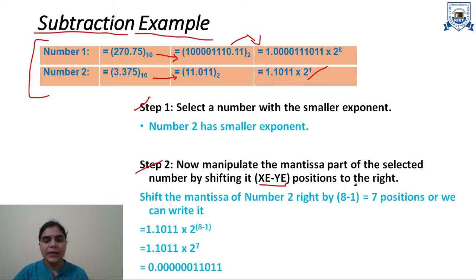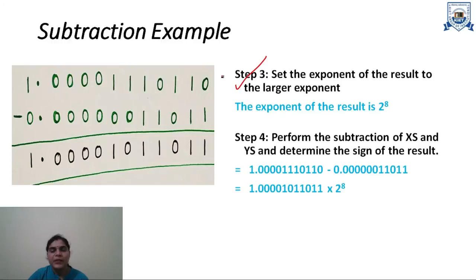So as we did in the addition example, we will shift the mantissa of number 2 right by 7 positions. So we can rewrite number 2 as after mantissa alignment. Now we will set the larger exponent, 2 to the power 8, as the exponent of the result.